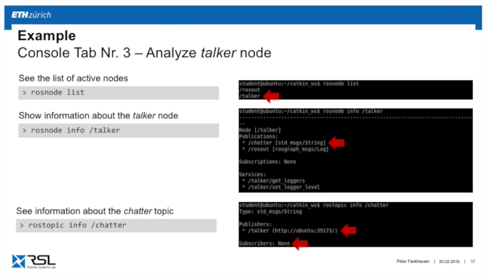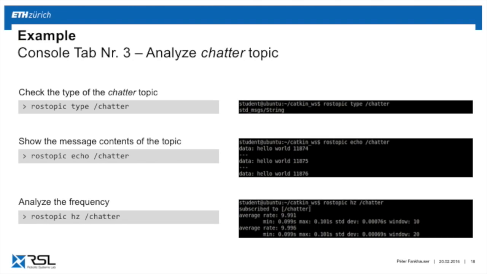So this message is just sent out to nobody yet. So we have started the roscore. We opened up the talker node and we looked at the node. We analyzed it. We can look now more closely at the chatter topic which your talker is publishing.